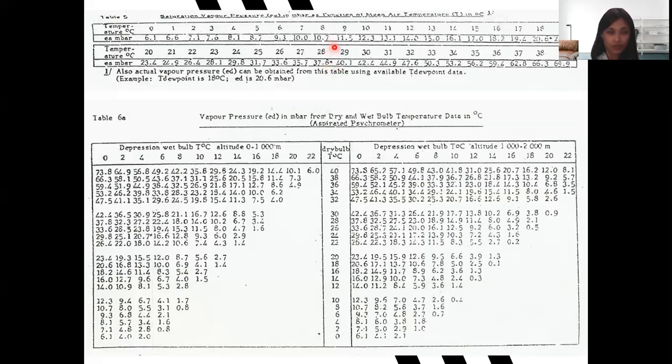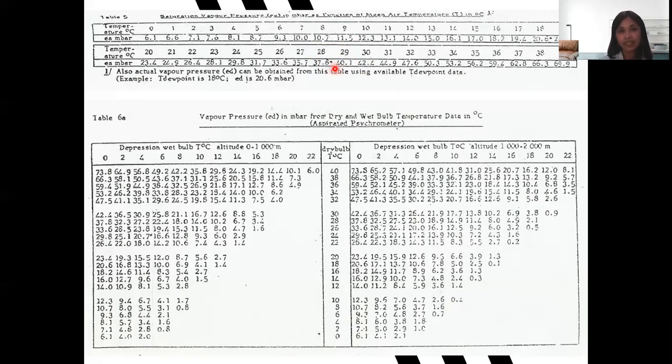But you can also interpolate this data, because it's 28.5. It should be in between 28 and 29, so that the saturated vapor pressure can be interpolated also.